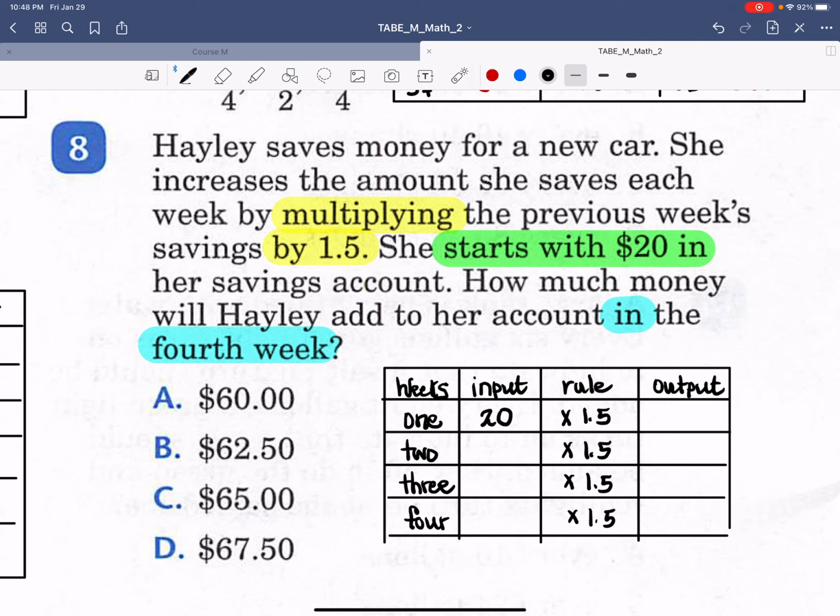That's going to be 30. 30 times 1.5 is going to be 45. 45 times 1.5 is going to be 67.5. And 67.5, if you want to carry this on out, times 1.5 is 101.25. But the question is, what is the number in the 4th week? So that's the input. In the 4th week is 67.50.